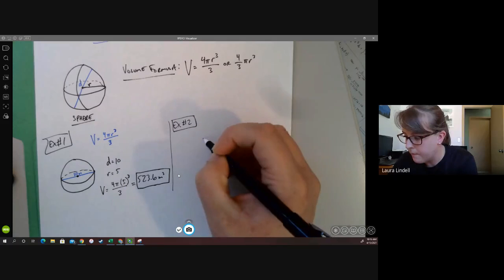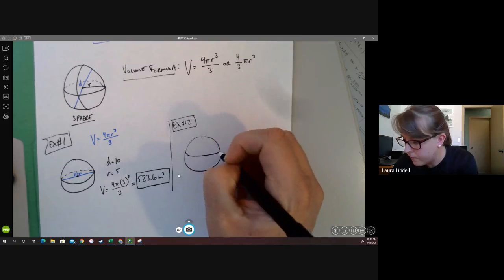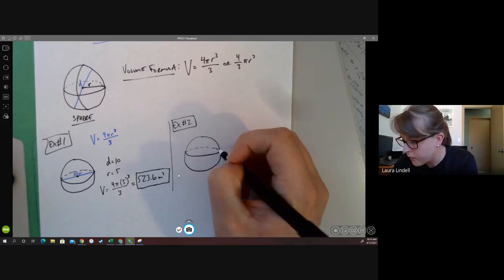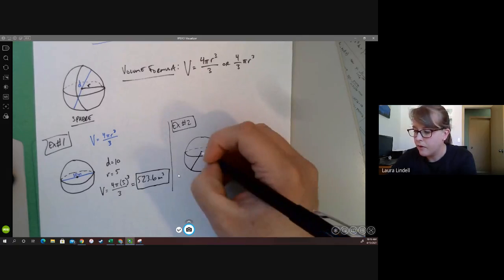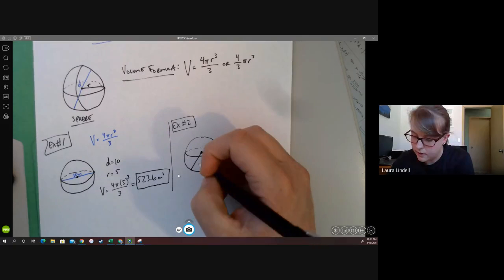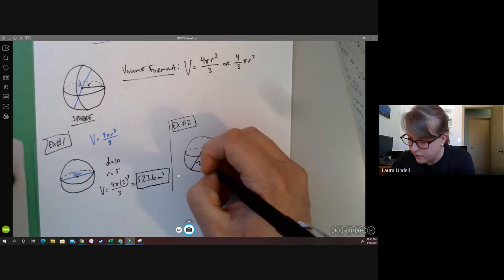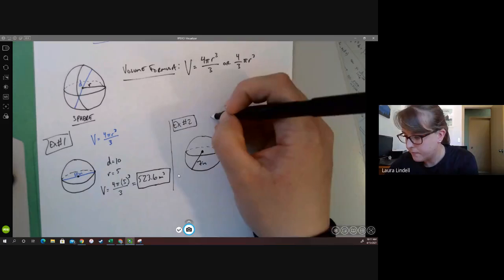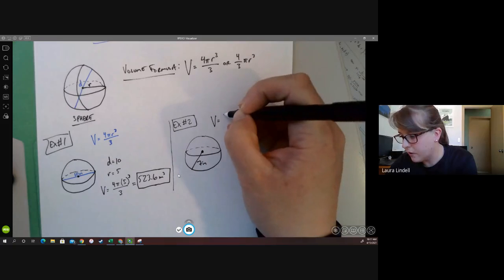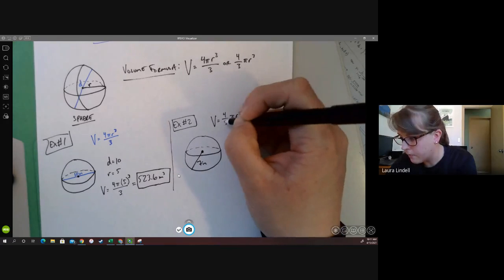All right, this time we've got our sphere. And we are told that this right here is 7 inches. And we still know volume, 4/3 pi r cubed.